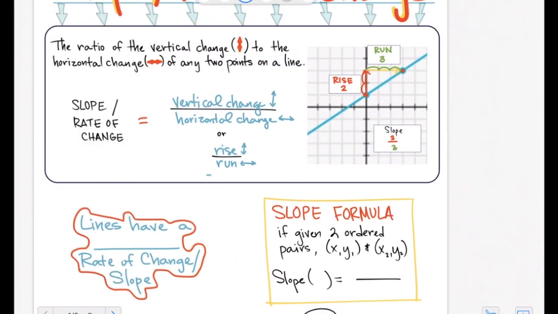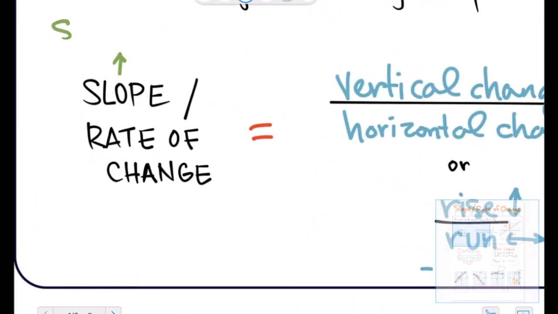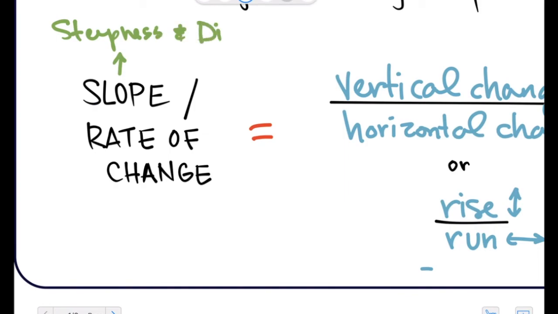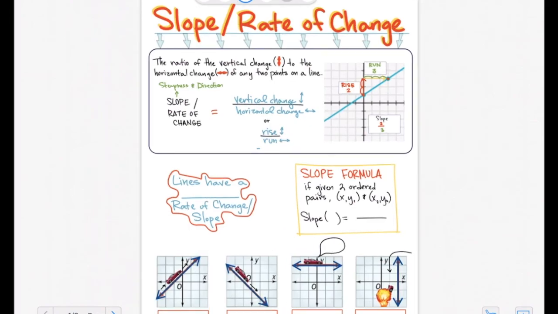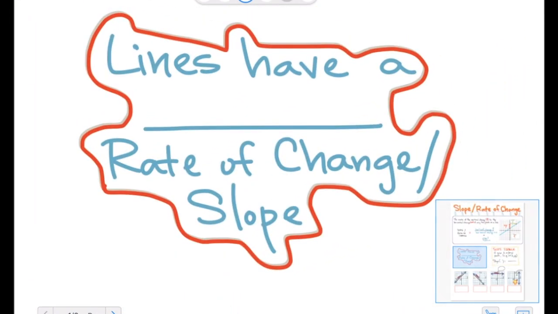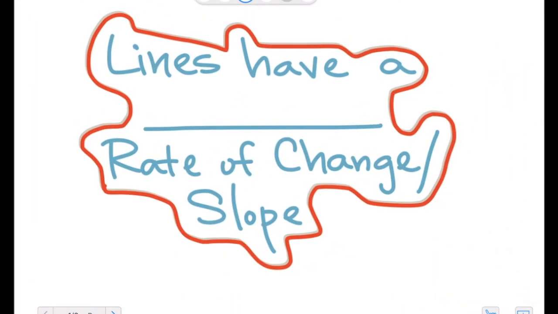So big picture, slope just tells you the steepness and the direction of any given line. So let's move on, and we're going to talk about even more details related to slope. So first thing, really important concept, is that lines or linear functions all have what's called a constant rate of change.